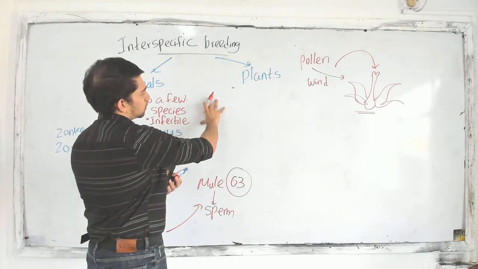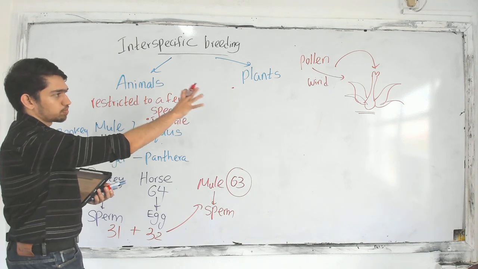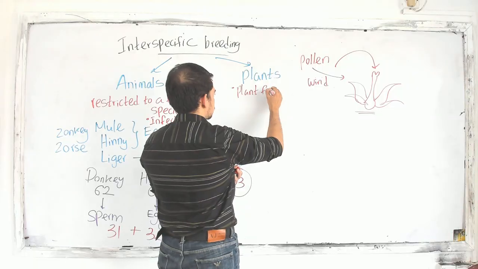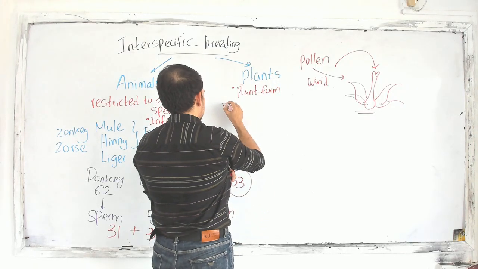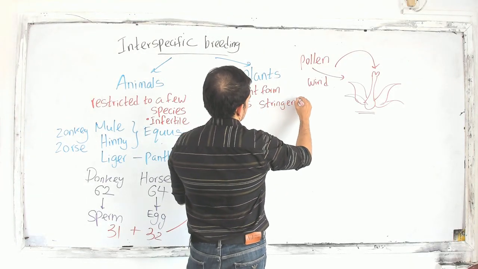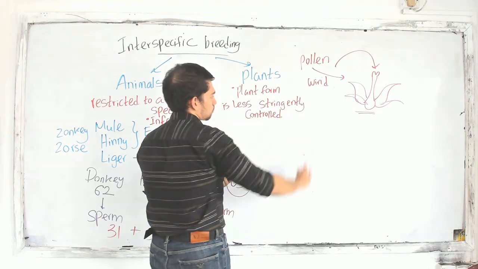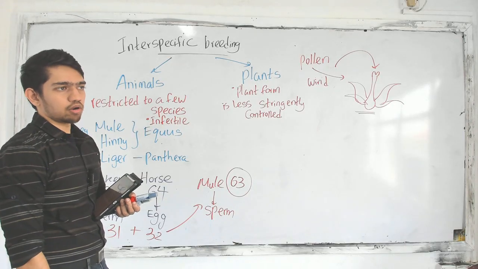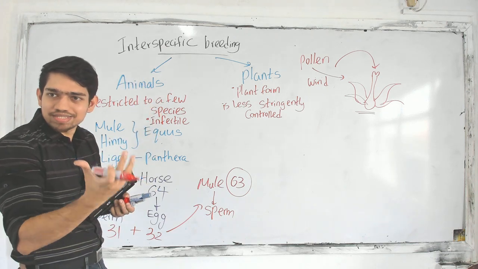But let's say it's always better than animal interspecific breeding, because plant form is less stringently controlled. There's no specific structure to a plant exactly.